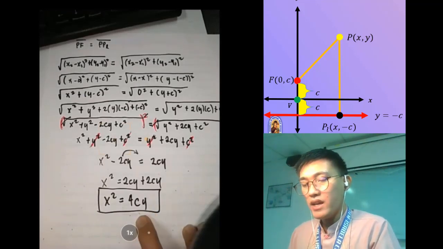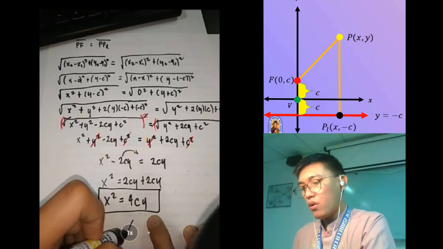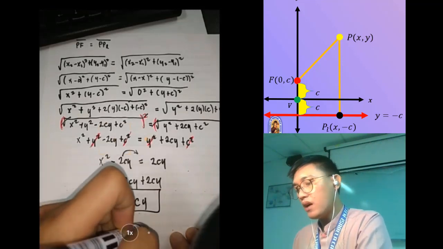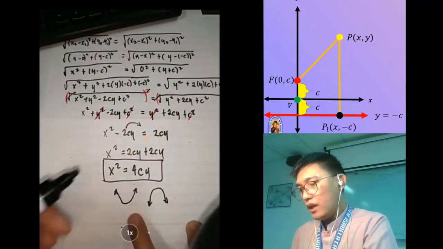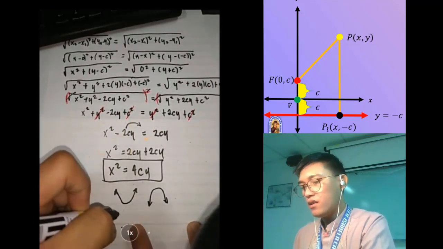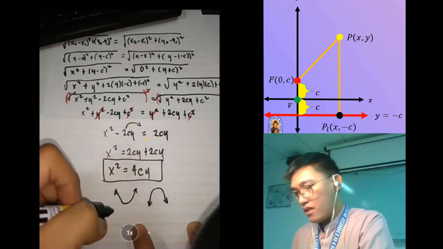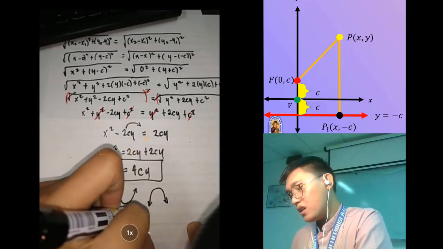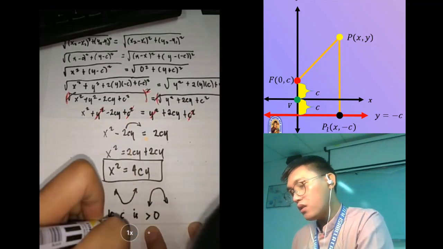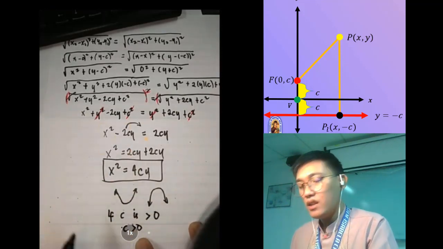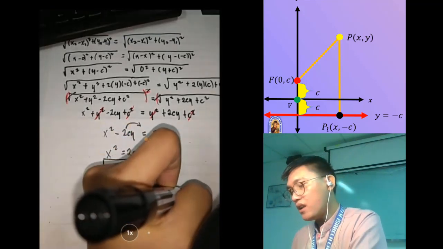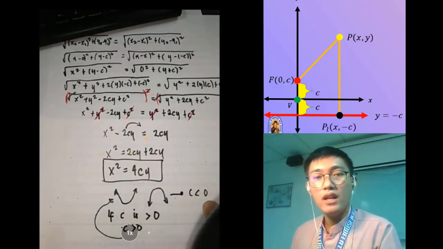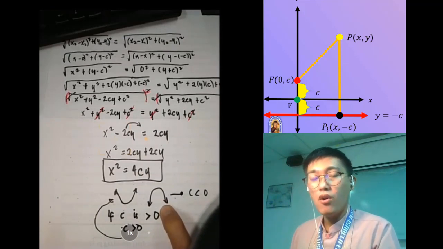This formula applies to both upward and downward opening parabolas, right? So if c is greater than 0, then the parabola will open upward. But on the other hand, if c is less than 0, then the parabola will open downward.